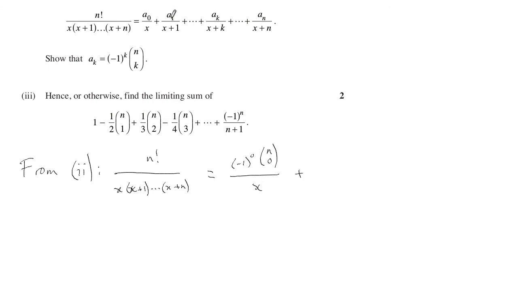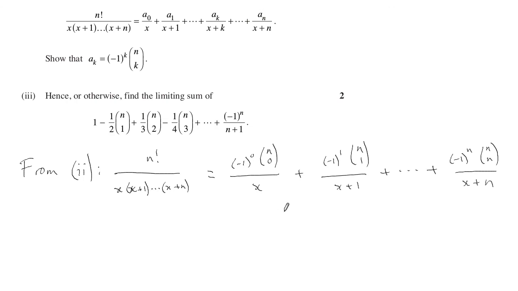And then we've got a_1, which is negative 1 to the 1 times n choose 1 over x plus 1 from there. And then and so on up to the a_n, which is negative 1 to the n times n choose n over the x plus n.